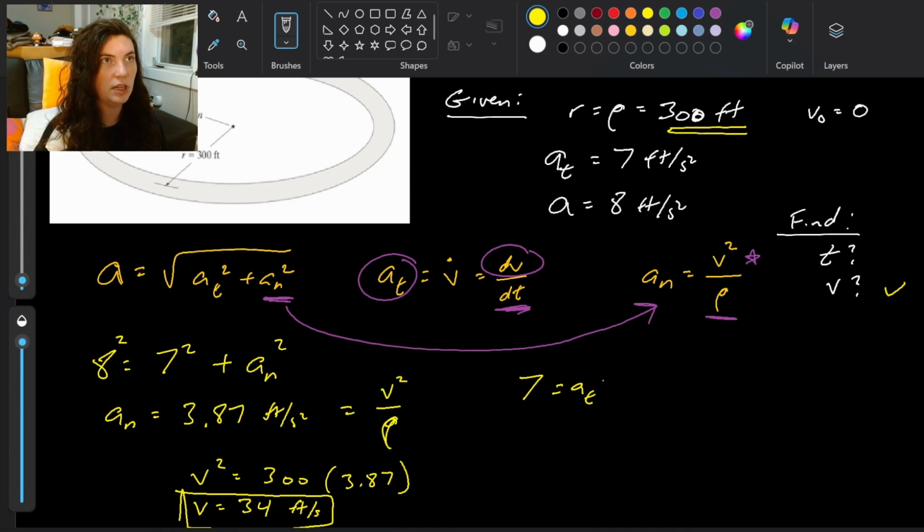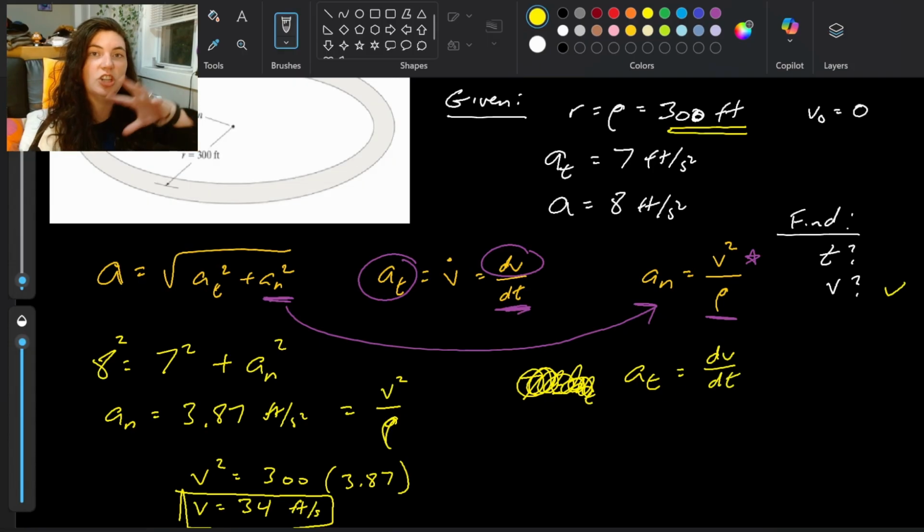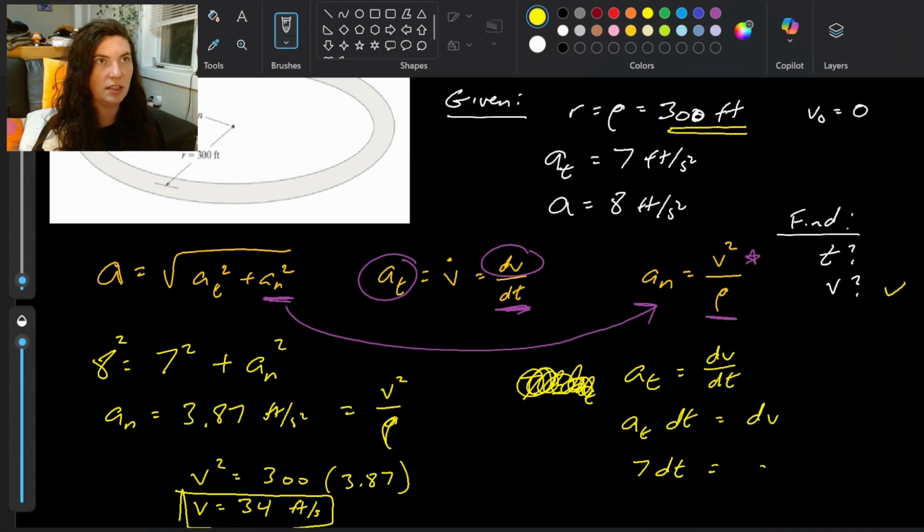So what we can do is rearrange this. Actually, let me not plug anything in yet. at is dv dt. Again, this feels just like a rectilinear kinematics problem. We're going to move over the dt, keep our dv there, and try to find our time. So at, since it's constant, what we have is 7 dt equals dv, and we're going to integrate each of those.